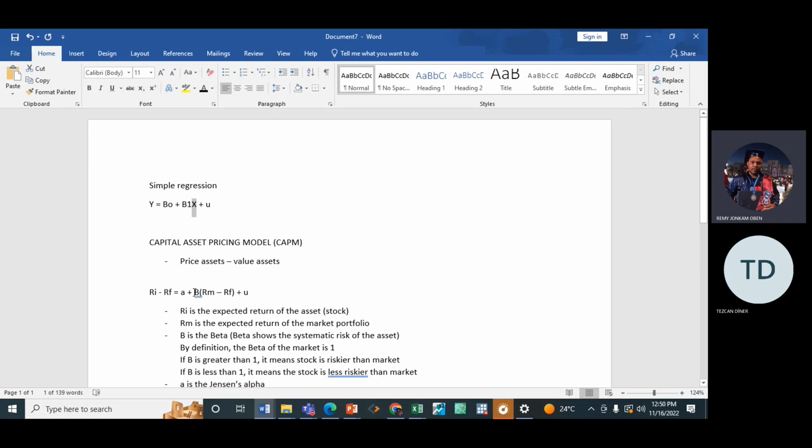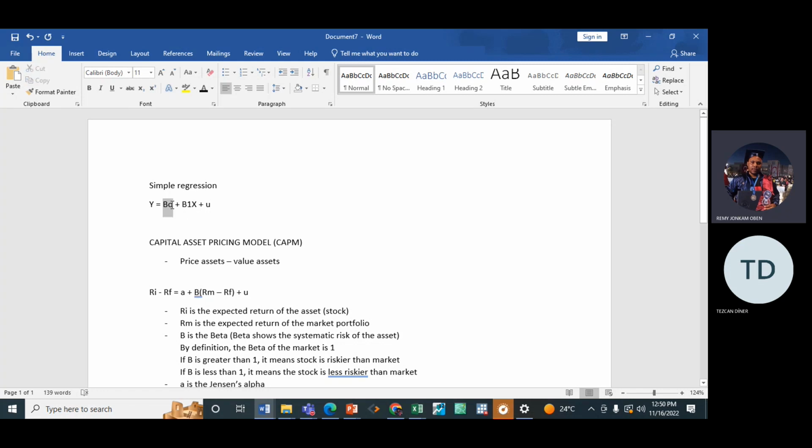It's the same thing in the CAPM. We are trying to do this regression and find B. And if we get this B, we'll check, is it greater than 1 or less than 1? If it is greater than 1, it means this stock is riskier than the market. If it is less than 1, it means the stock is less risky than the market. It's the same thing, right?